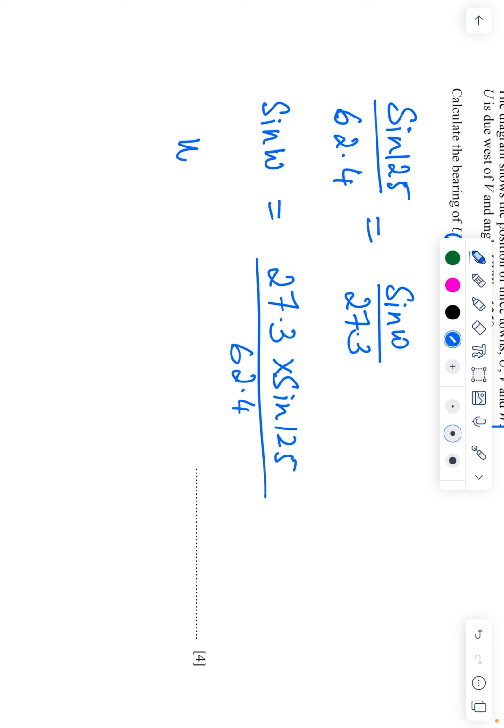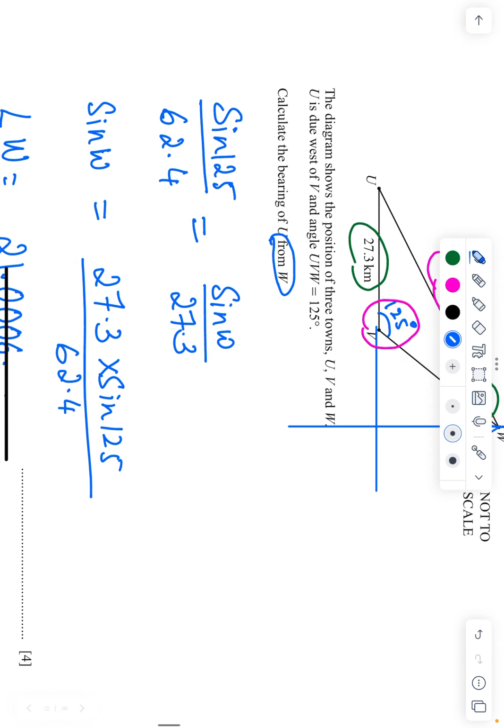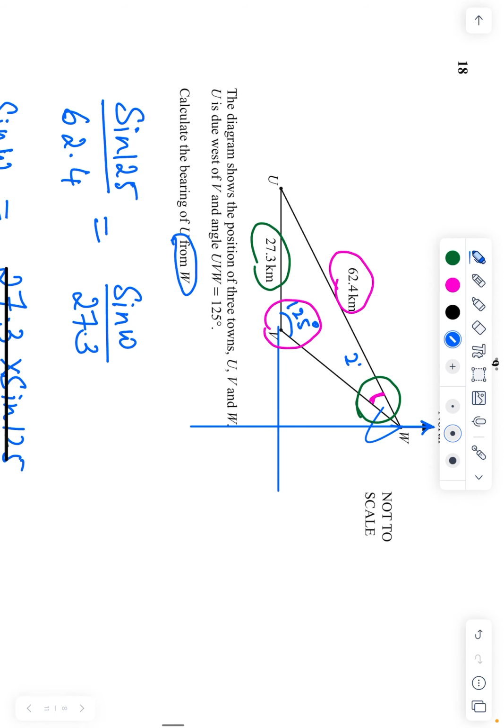So you do the inverse of sine and your answer for angle W is going to be 21.0006 and so on. So this is 21.000 something. Okay, but we also need to calculate the rest of the part.